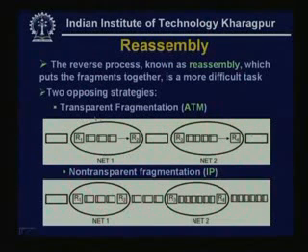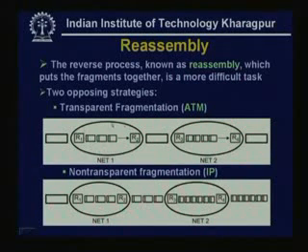The first one is known as transparent fragmentation. In this case, the gateway router which receives the packet breaks it up as it passes through the network with the maximum size. Then when it reaches the exit gateway or exit router, it is reassembled. So when it comes out of the network it comes out as the original packet. Within the network it is fragmented, but as it comes out it is reassembled by the exit router.